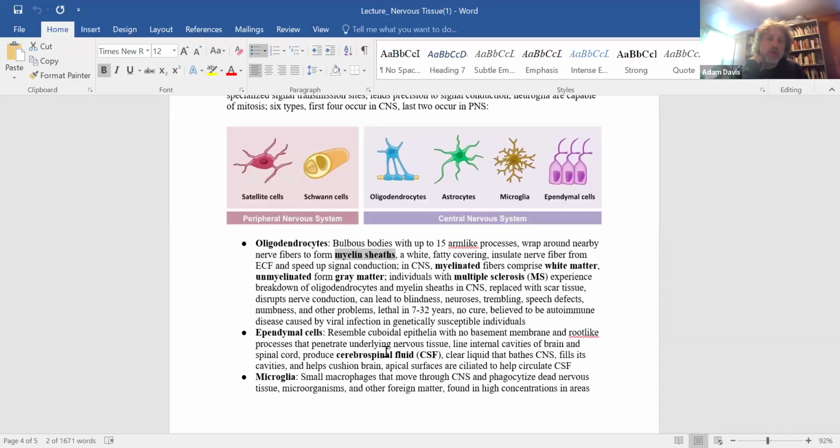There is a disorder in which oligodendrocytes begin to break down. That disorder is called multiple sclerosis, or MS. You've all heard of that, I am sure. In MS, the oligodendrocytes are breaking down and being replaced by scar tissue.